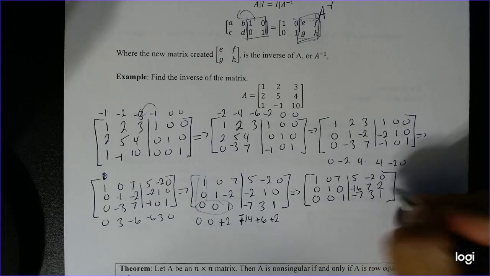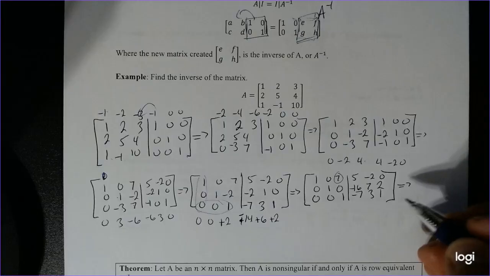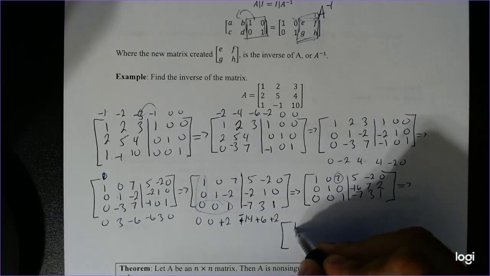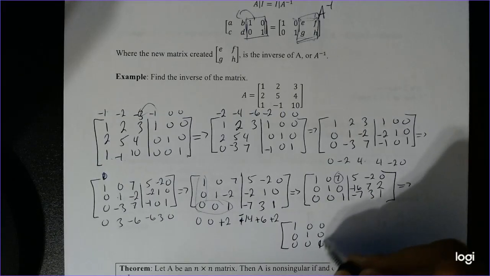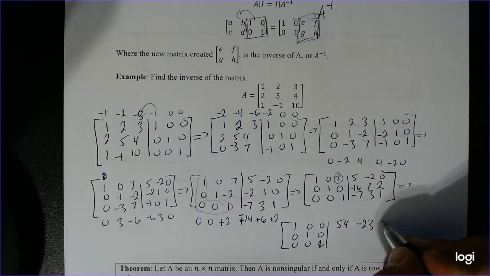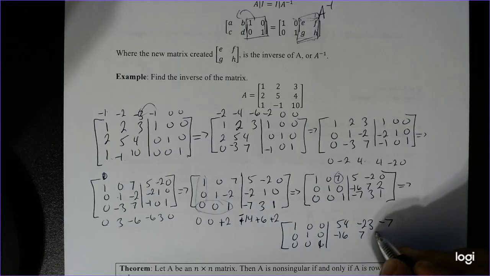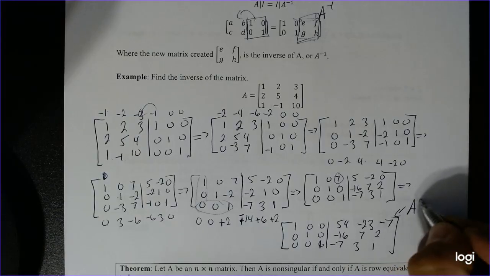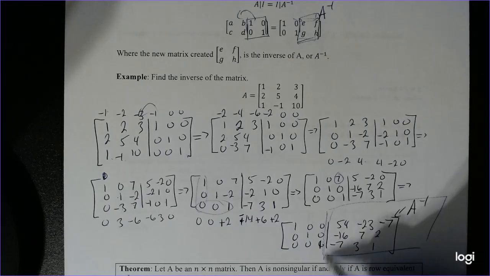There we go. Right. And then finally, just do one more time. Multiply this by -7 to get rid of this. And eventually, we get our inverse. And there we go. So this would be our inverse matrix right here.